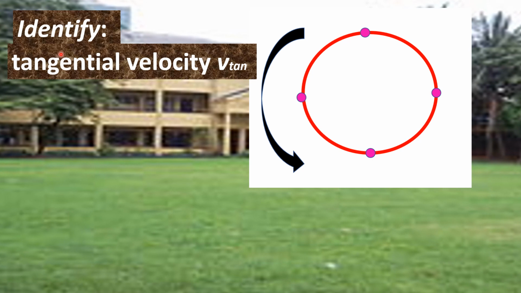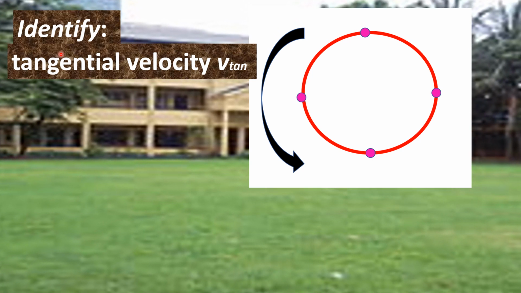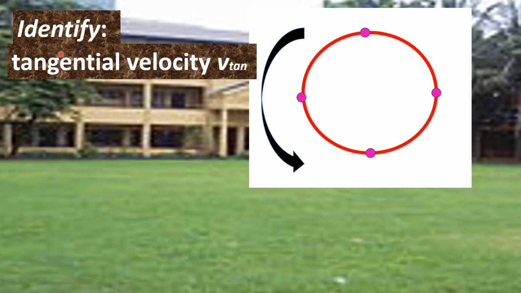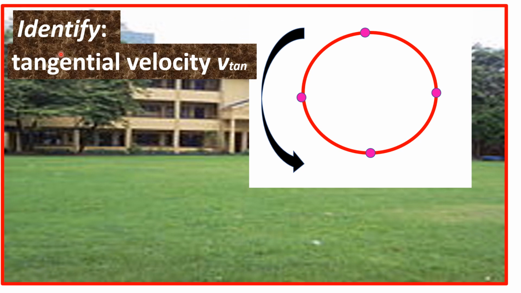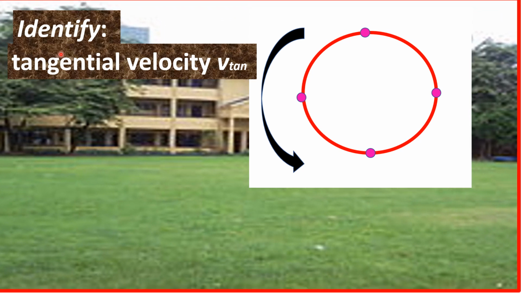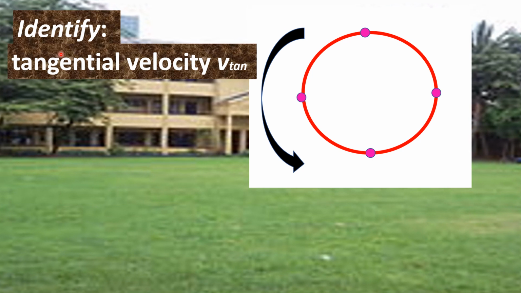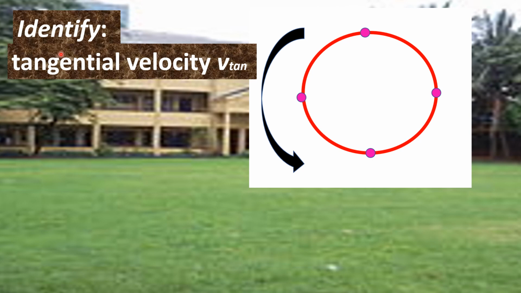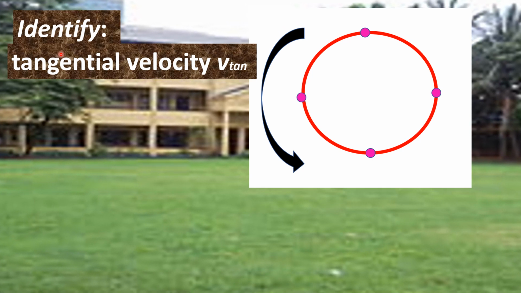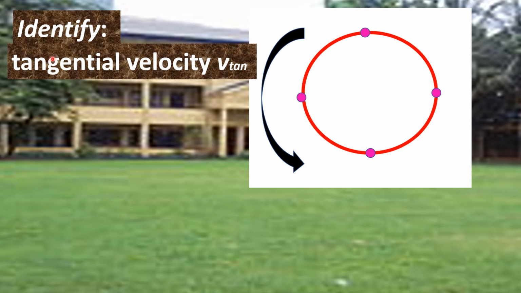Since the ball is whirled in a counterclockwise direction around a vertical circular path such that the circular plane is perpendicular to the surface, or that the axis of rotation is parallel to the ground surface, we can describe its instantaneous velocity to be the tangent to the point in the circle. Hence, it is denoted by v sub tan.